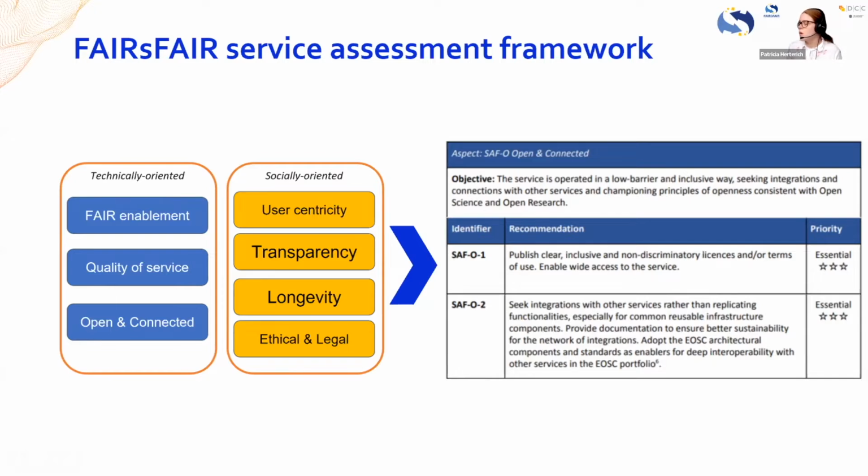And we've also followed the example of the FAIR data maturity model working group, and we've assigned priority levels to those recommendations, highlighting those that we think are a bit more crucial and others that are rather nice to have.